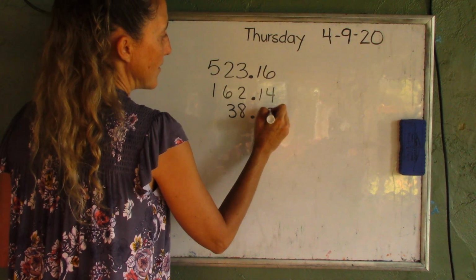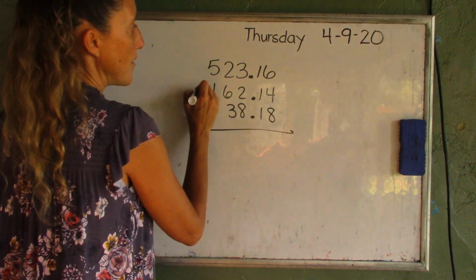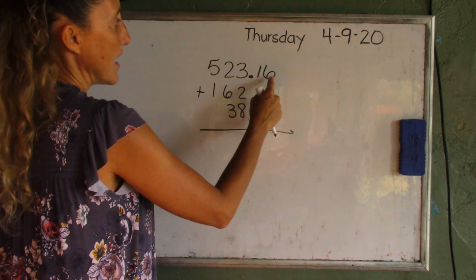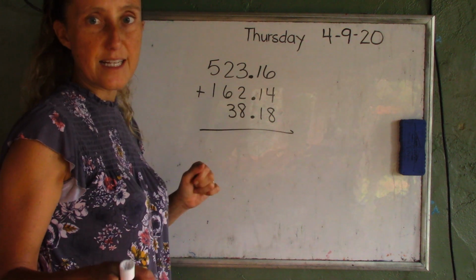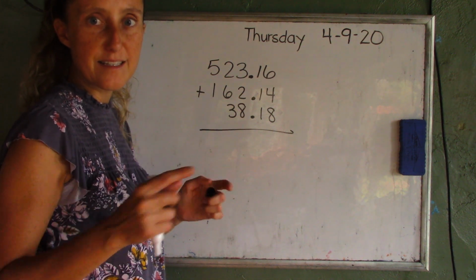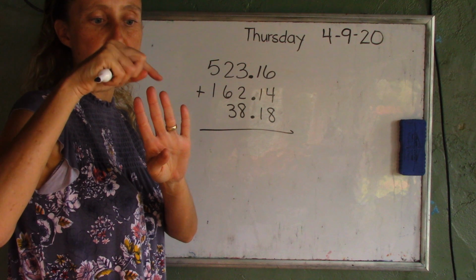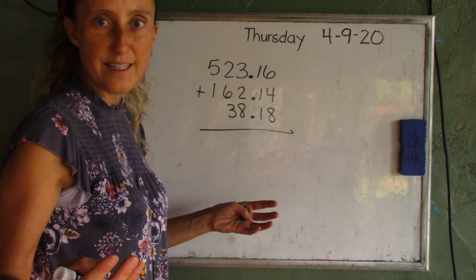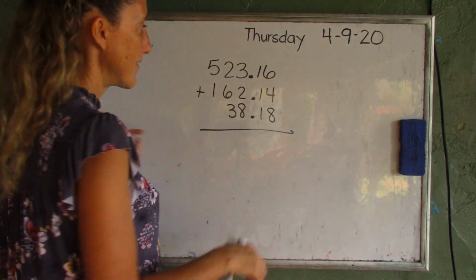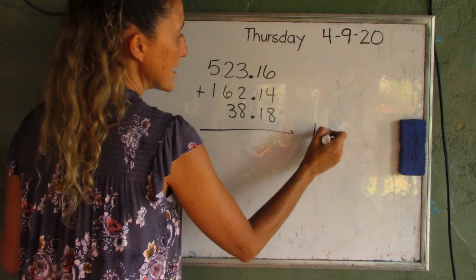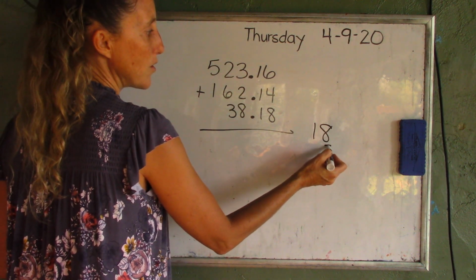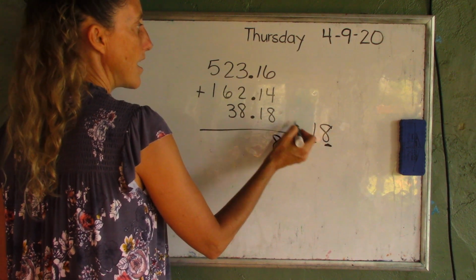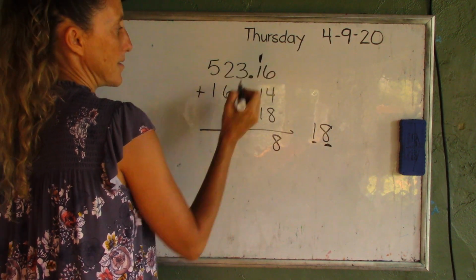And let's give this one 18 cents, and we're going to add. So always start on the right side, and we're going to add 6 plus 4. 6 plus 4 is 6, 7, 8, 9, 10, right? 10. 10 plus 8 more is 18. You got it, 18. So 18 is a double-digit number, which means you have to put the right digit on the bottom and the left digit on top of the head of the next numbers, right?